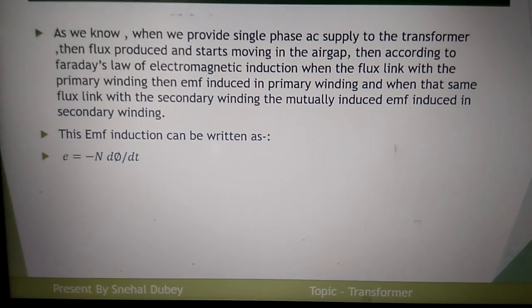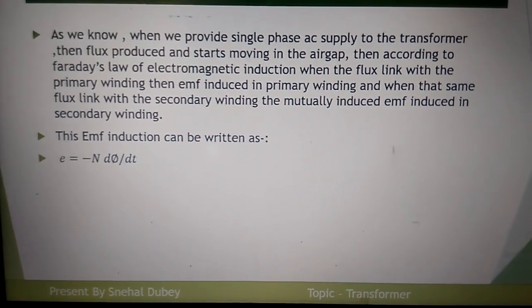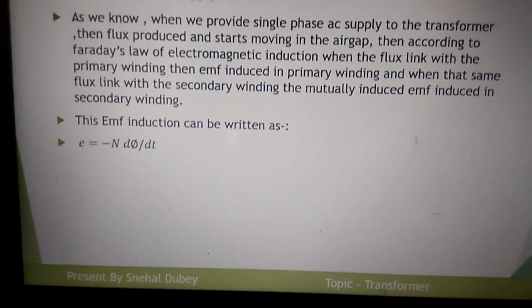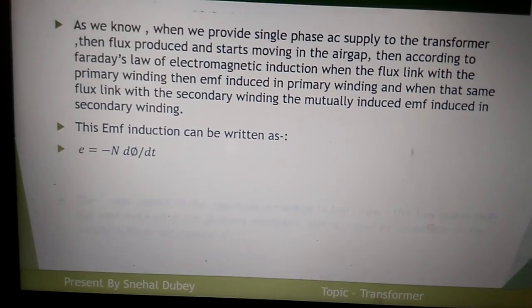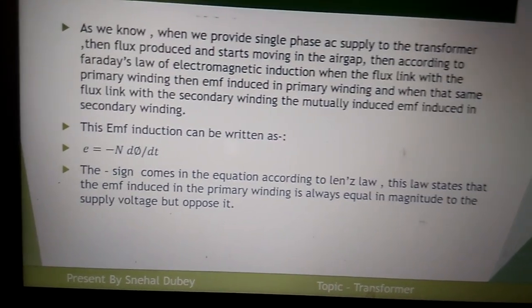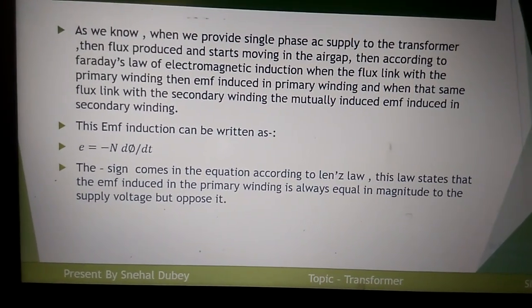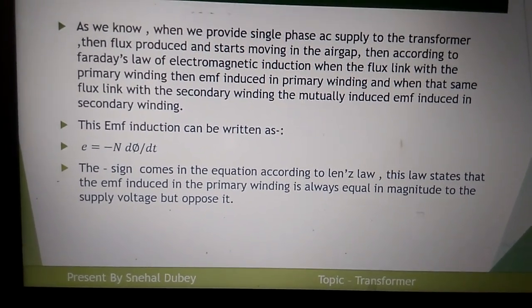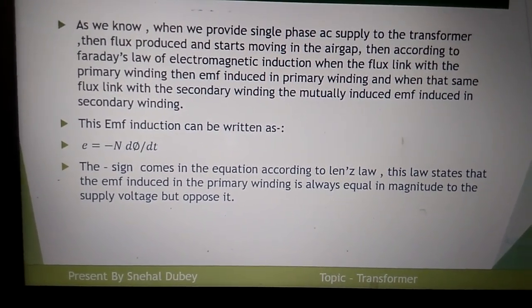That means it always opposes the supply voltage V1. Therefore we use the minus sign according to Lenz's law. This law states that the EMF induced in the primary winding is always equal in magnitude to the supply voltage but opposite.